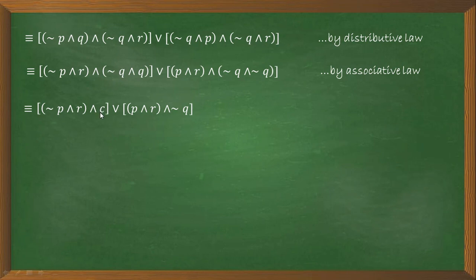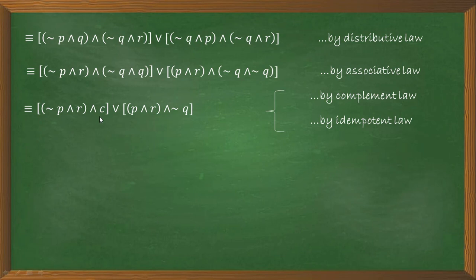So I will write C here, then R as it is, and P and R as it is, and by the idempotent law negation Q and negation Q is nothing but just negation Q. So here in this case we have used the complement law as well as the idempotent law.